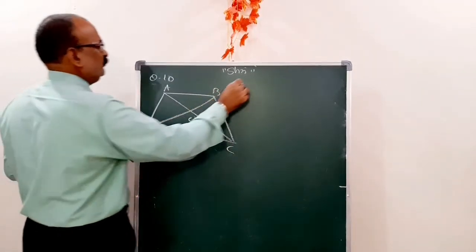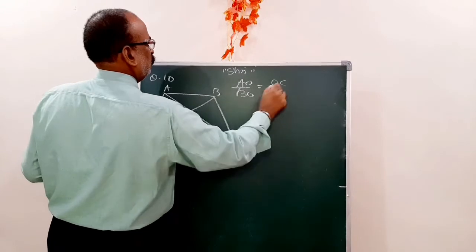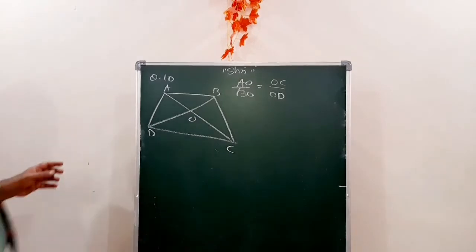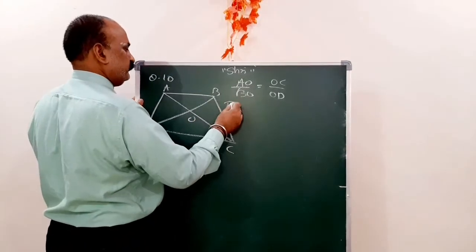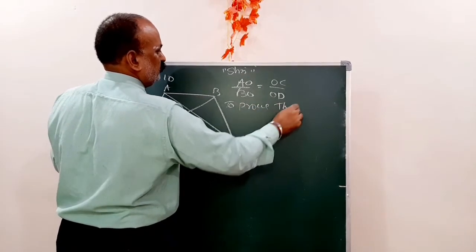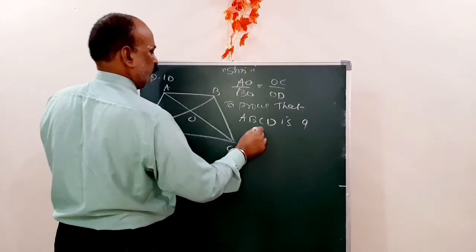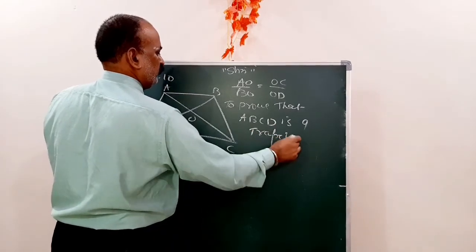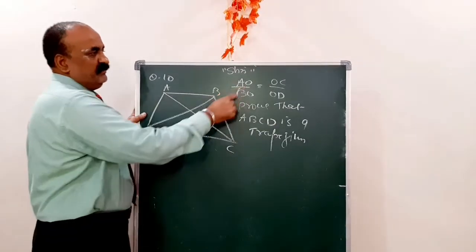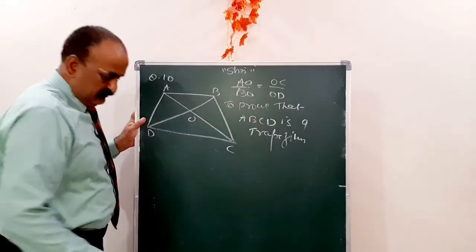It is given that AO upon BO is equal to OC upon OD, and you have to show that, आपको ये शो करना है, to prove that ABCD is a trapezium. What you have to show? You have to show that ABCD is a trapezium. और ये आपको given है AO upon BO is equal to OC upon OD. To prove that ABCD is a trapezium, let us see.